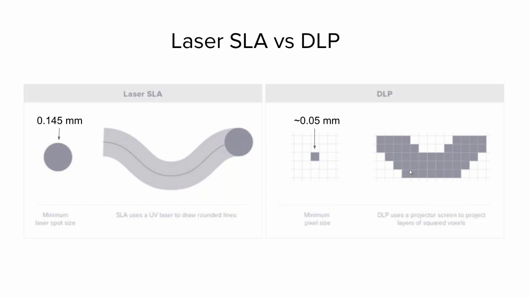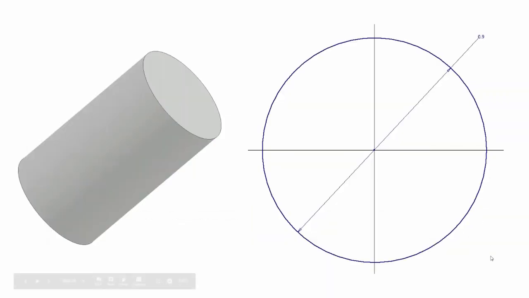But just start wrapping your head around the way that you make a curve with a grid of pixels versus the way you make a curve with an X and Y scanning laser system where we can really finely move the laser around. So this is the example we'll use. This is about a 1 millimeter peg.